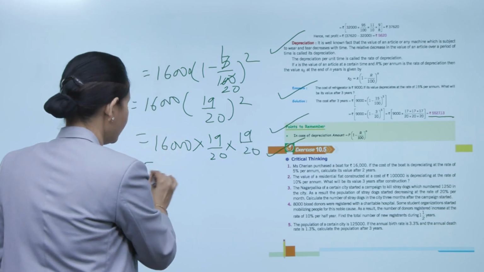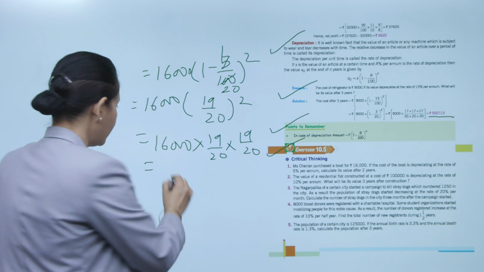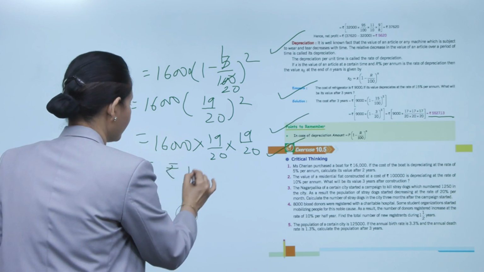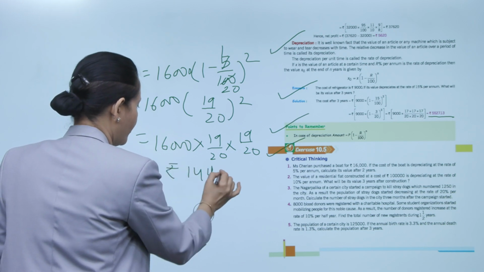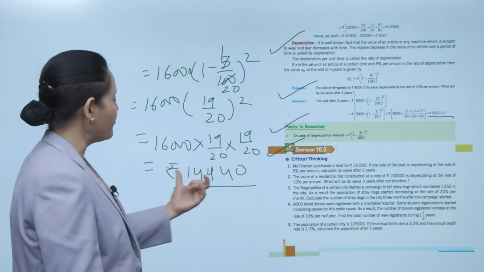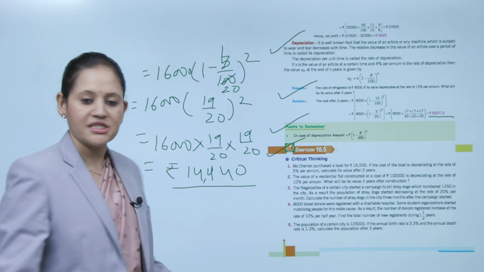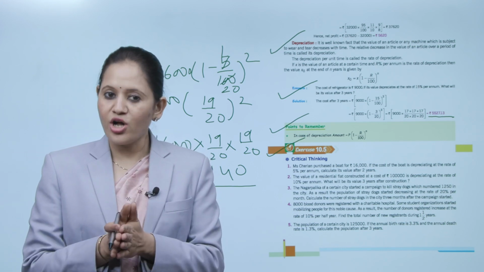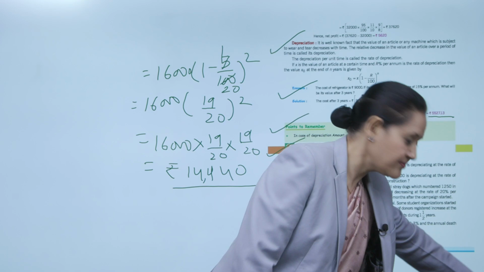We will solve this. So this will be rupees 14,440. So after 2 years the value will depreciate and become 14,440 rupees. Clear? Practice all the questions of this exercise.